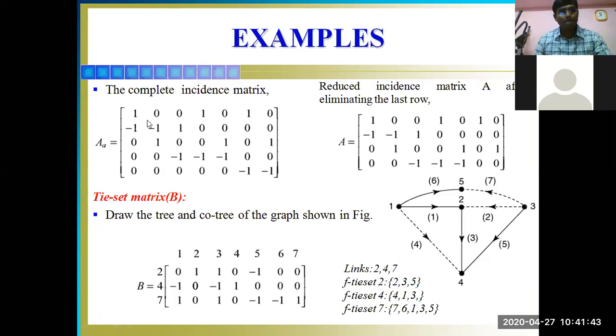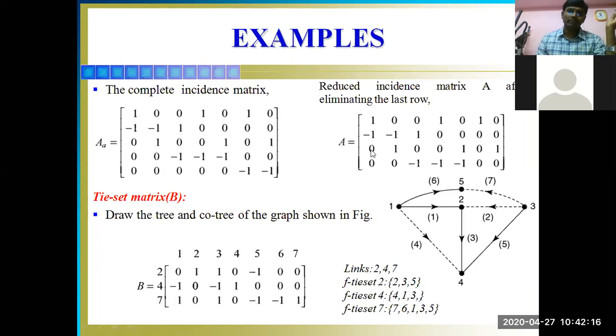This is A with 5 rows. Now the reduced incidence matrix A after eliminating the last row, that is the 5th row. You can eliminate any row by assuming it is a reference, where we are treating that as a passive node, and remaining all are active nodes. You can take any node as the reference node, and remaining all will become active nodes.